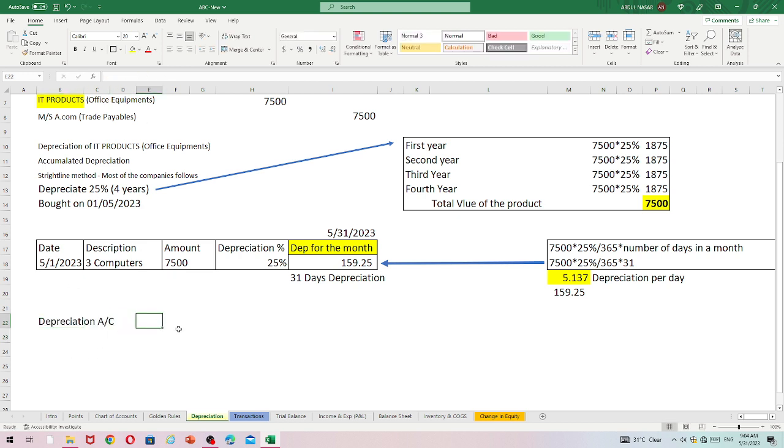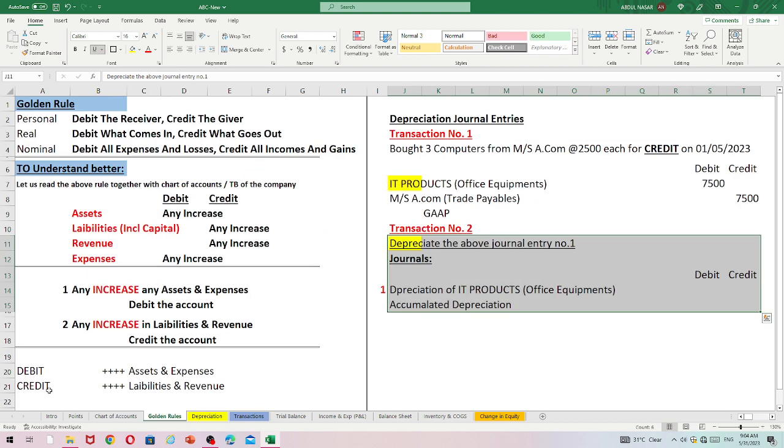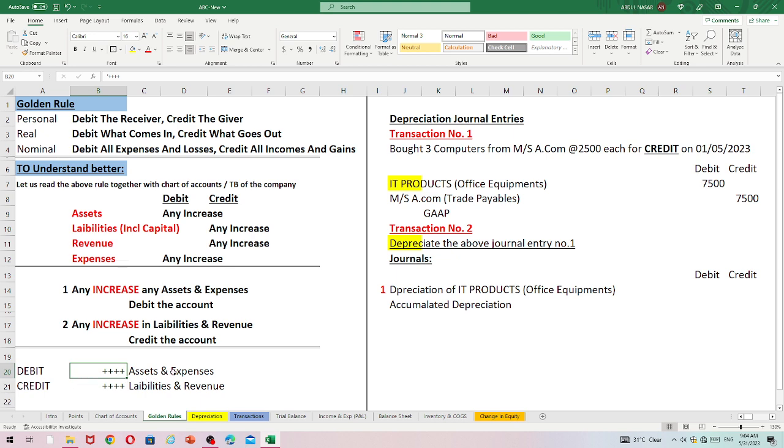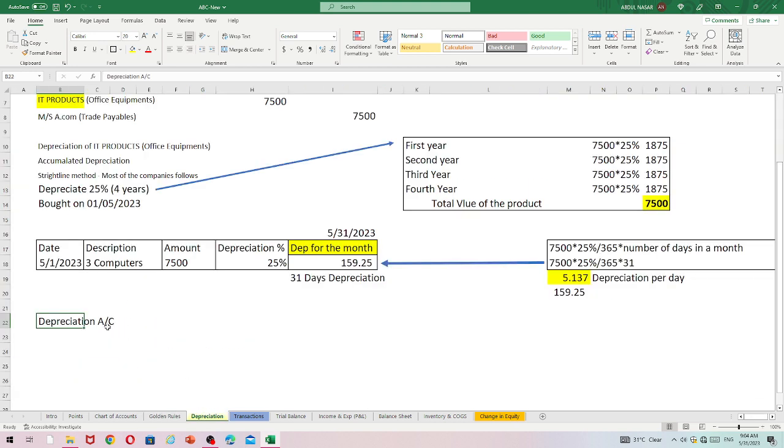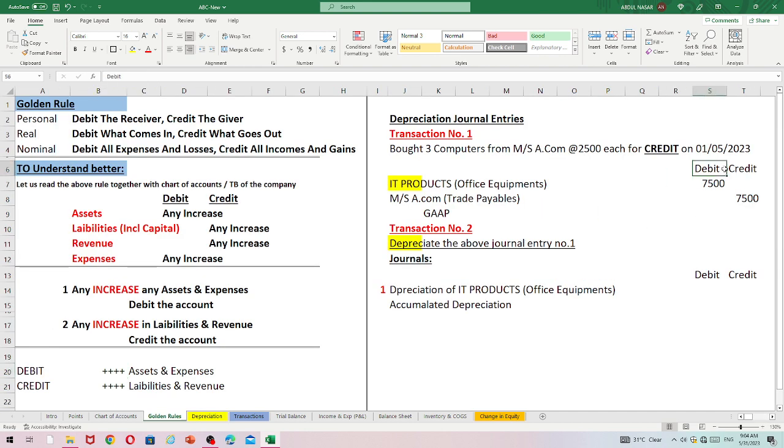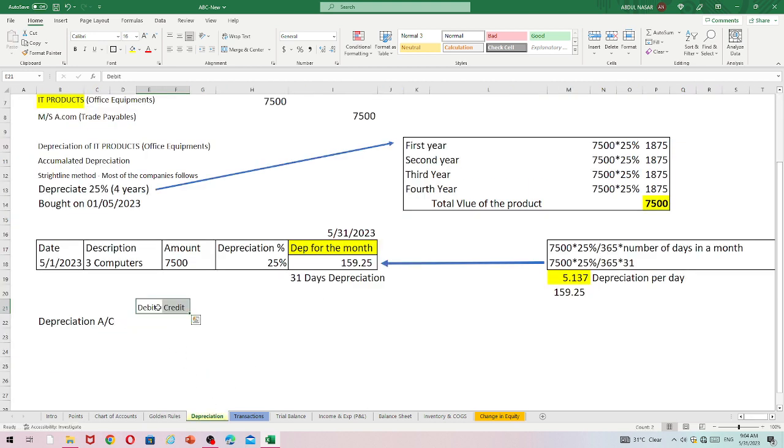Depreciation account, and what will happen, this depreciation is increasing, right? Depreciation account is an expense account, right? If an expense account is increasing, we need to debit that account, right?